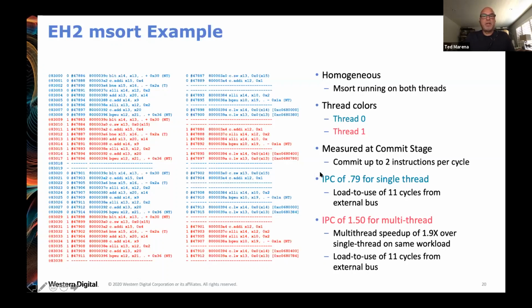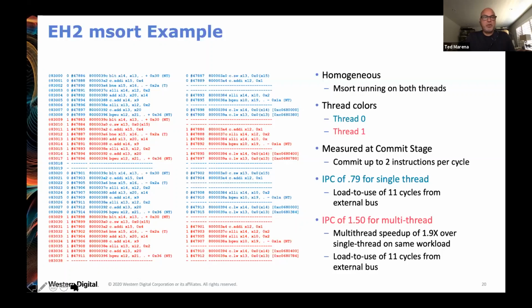The instructions per clock cycle is 0.79 for a single thread, and that goes up to 1.5 for multi-thread. This is a good example for us that leverages it, but it is one of the things that we do in our architectures and applications.